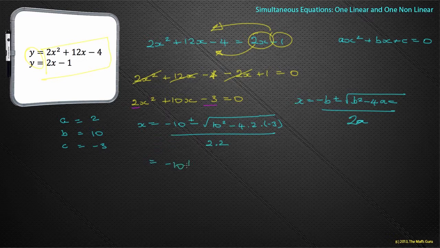Let's do a bit of tidying up. Minus 10 plus or minus the square root of, well, 10 squared is 100, minus 4 times 2 times minus 3.